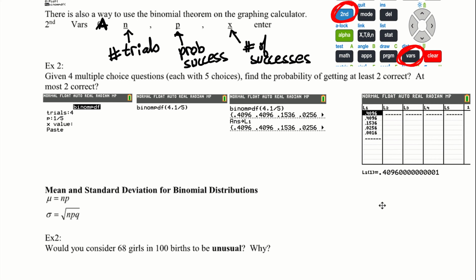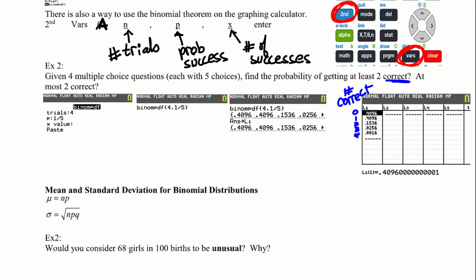All right, these probabilities are associated with the outcomes. What we're talking about is the number of questions correct. It is possible that you could get none correct, 1 correct, 2 correct, 3 correct, or maybe all 4 correct.